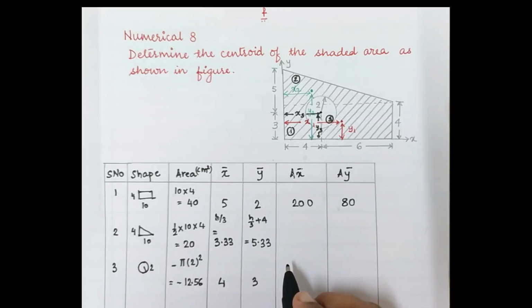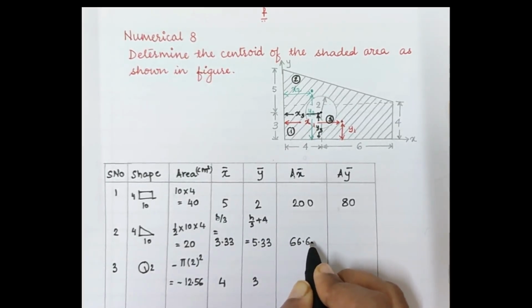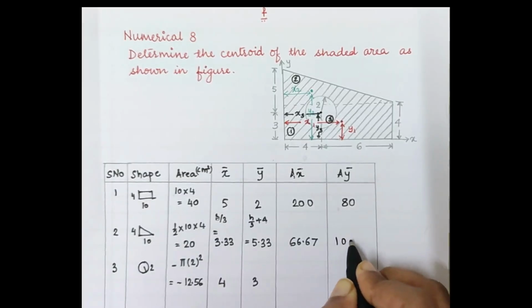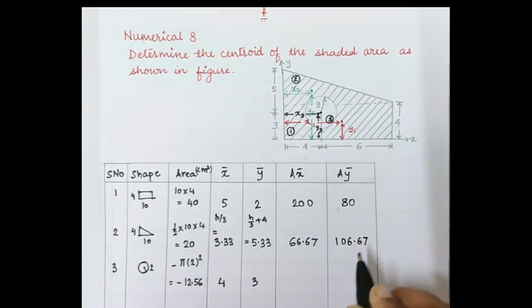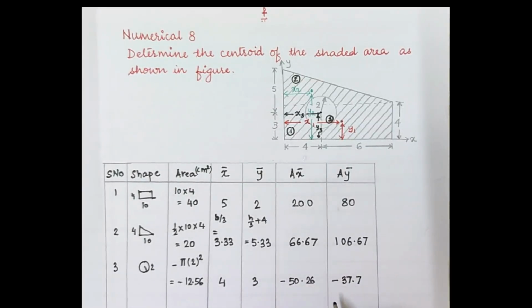Next, we get the values as 66.67 and 106.67. For the circle, this is a negative value, therefore after multiplication you will get negative values over here. So you will get minus 50.26 and minus 37.7.